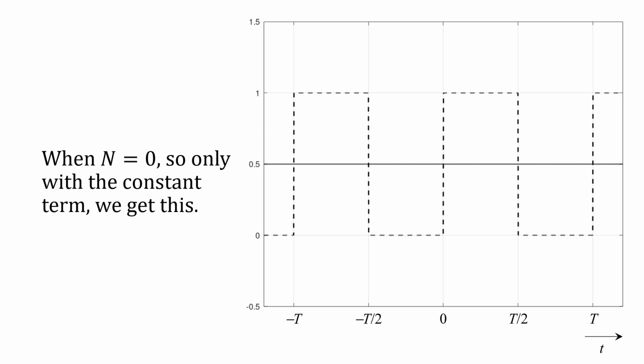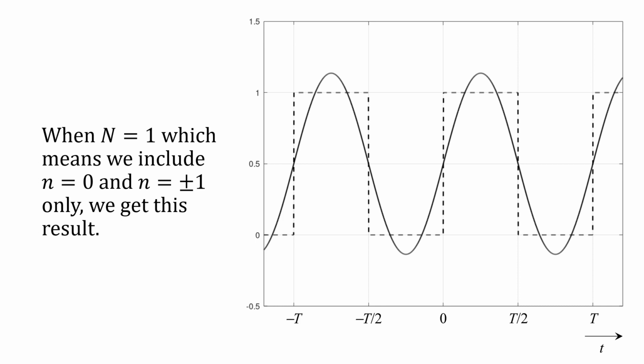When large N equals 0, so only with the constant term, we get this. When large N equals 1, which means we include n equals 0 and n equals plus minus 1 only, we get this result.